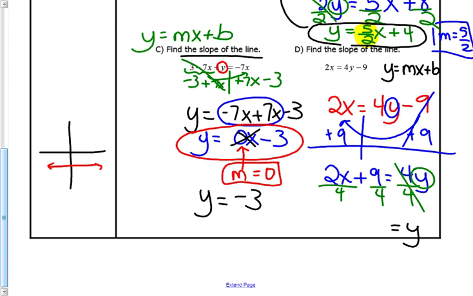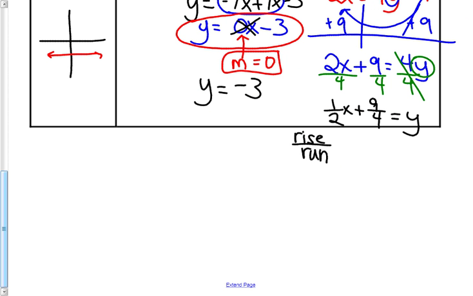If you divide that, that's actually 0.5, but we can't have decimals because slope is supposed to be rise over run. Slope is a fraction, so we need to leave it as a fraction, okay? So 2 divided by 4 is 0.5, but you would change it back to a fraction, and that would give you 1/2. So this is 1/2 x plus, and then 9 over 4 would stay, because if you divided it and changed it back to a fraction, it's going to give you the same thing.